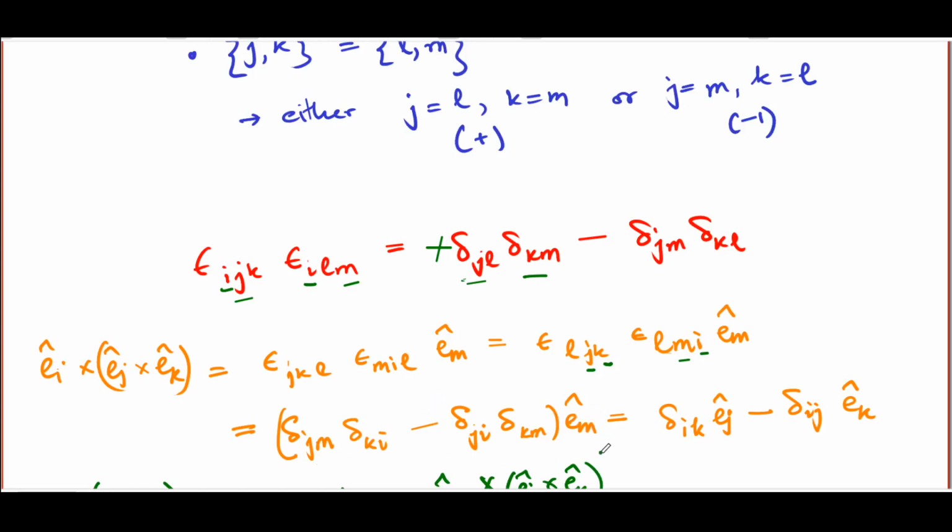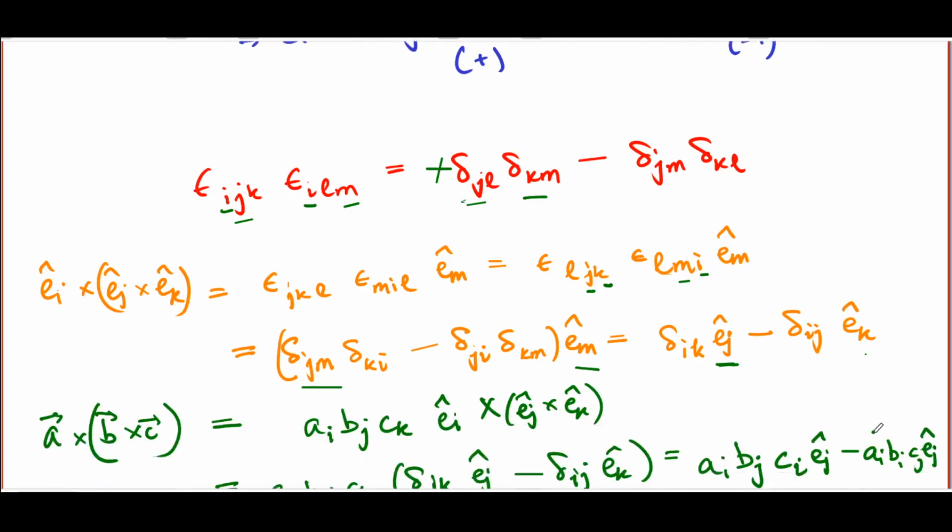Now when you multiply this out, remember that this is not just a multiplication. A sum over m is still implied here. Delta_jm e_m summed over m means you are going to end up with e_j. So you get delta_ik e_j minus delta_ji, or delta_ij, they are both of course the same, and delta_km e_m becomes e_k here. So that's my e_i cross e_j cross e_k.